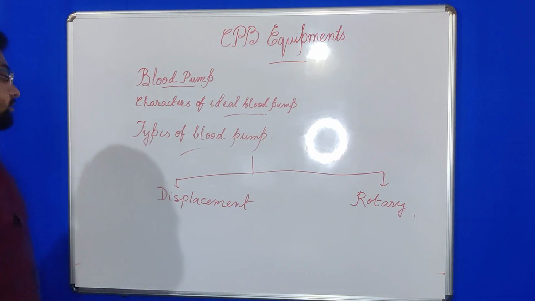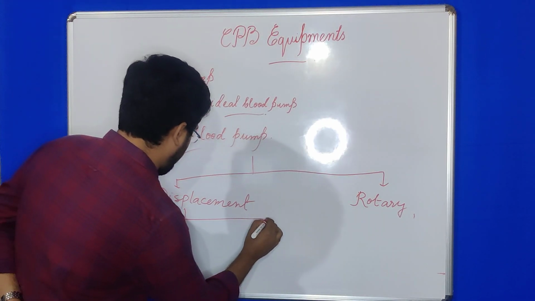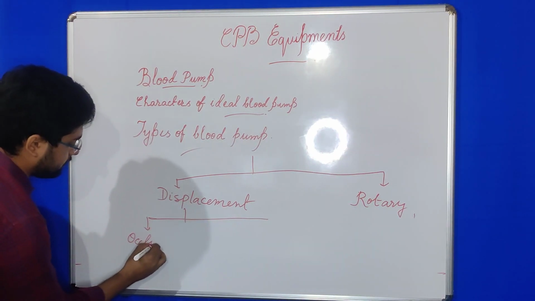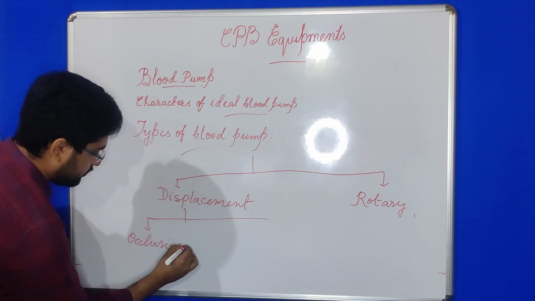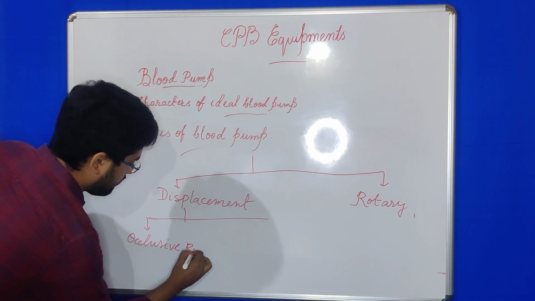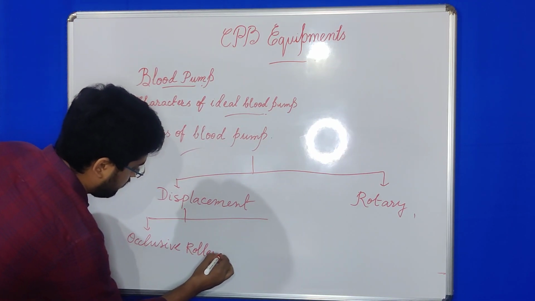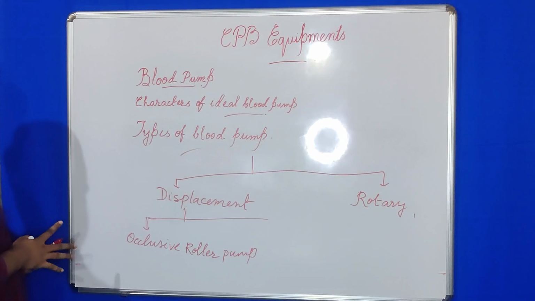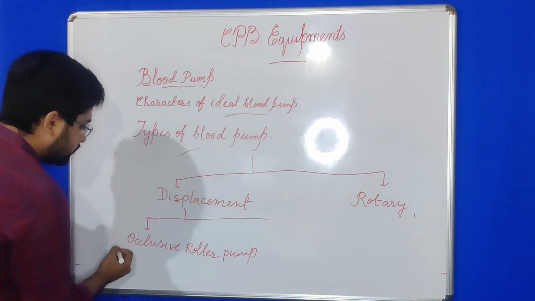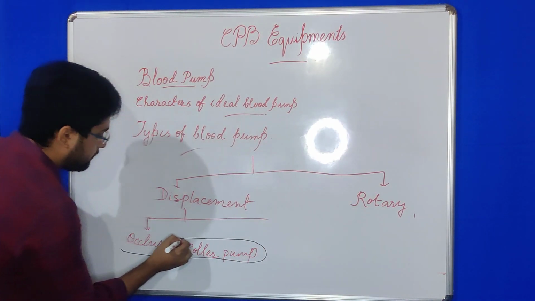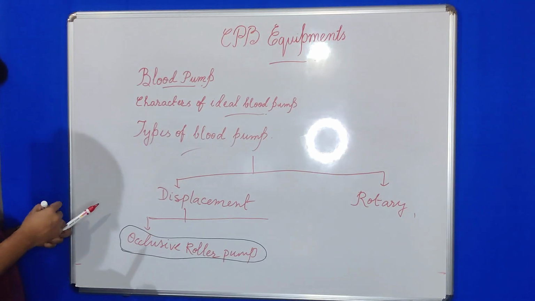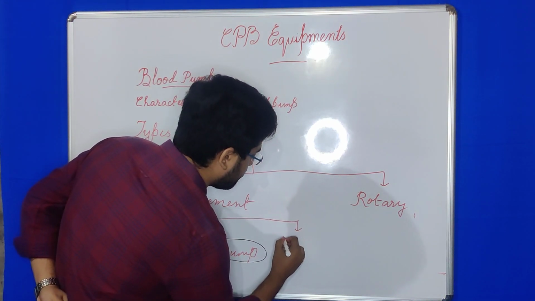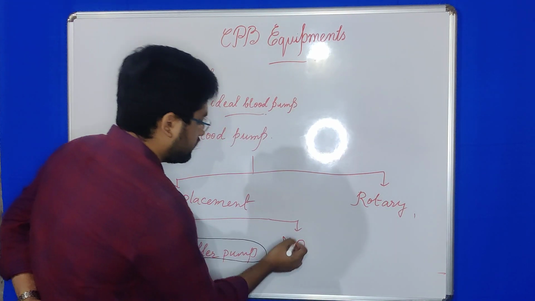In displacement types, we have occlusive roller pump. This is the most common type of pump that we use in our routine CPB. Next is non-occlusive roller pump, which is no more in use.